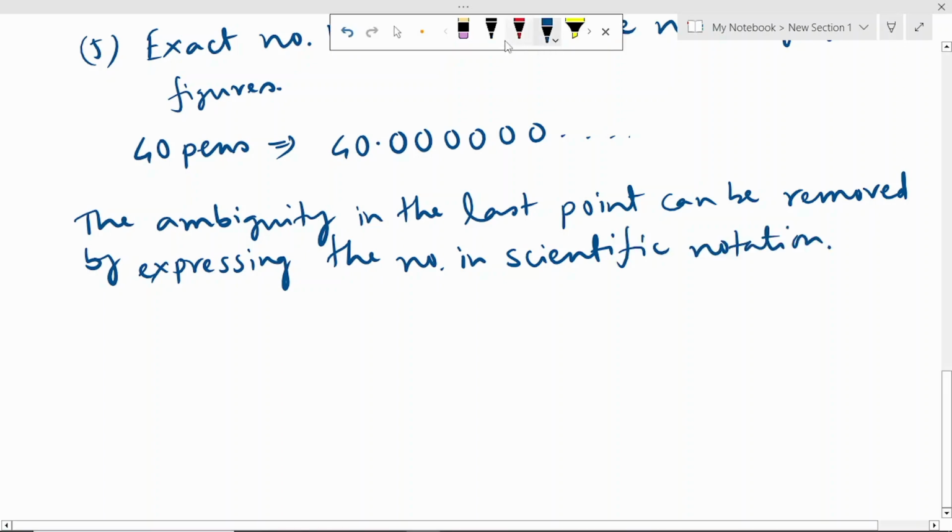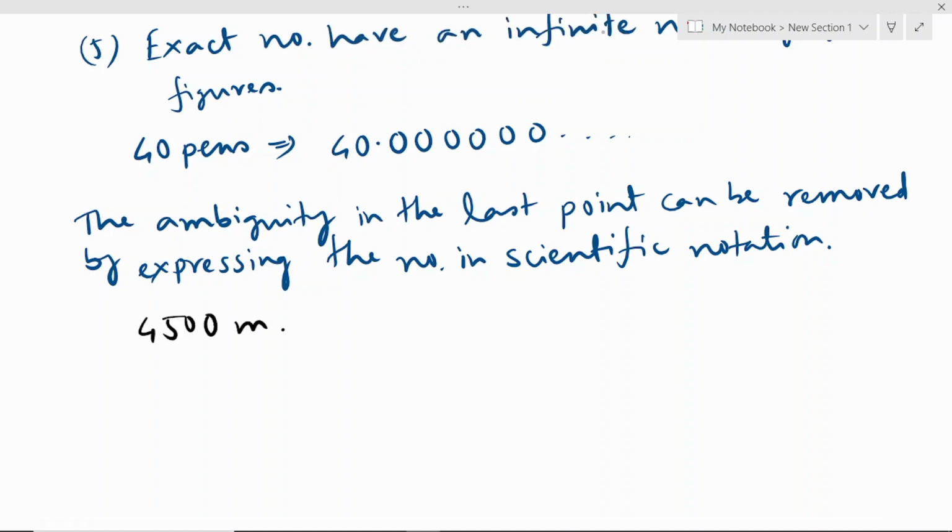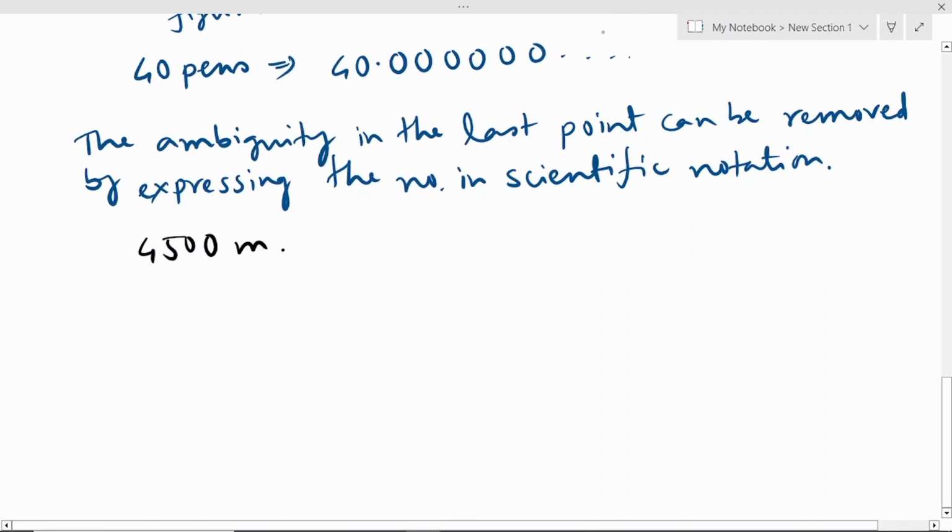What does it mean? Suppose 4500 meter, and we can express it in 2 or 3 or 4 significant figures.